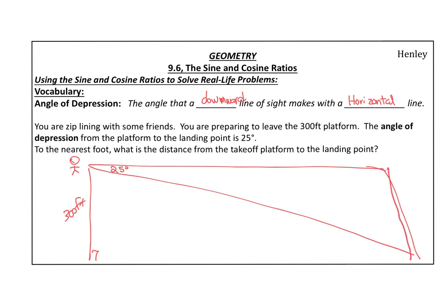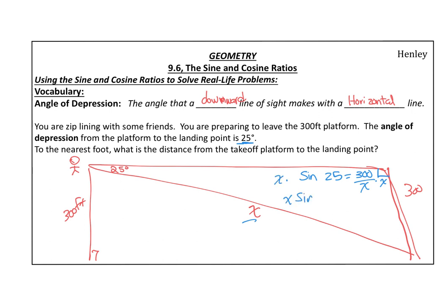This is 300 feet, and we want to know the distance. So we say the sine of 25 equals opposite 300 over hypotenuse, x. So we're going to multiply by x.